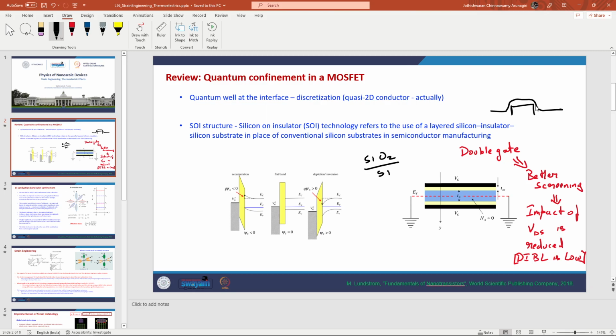Because of the way it is deposited, this gate can either apply a strain in this direction, or a strain that goes in the opposite direction. So we can have a compressive strain or an expansive strain. These strains are usually applied in one direction, which implies that the lattice parameters in one direction are changed.